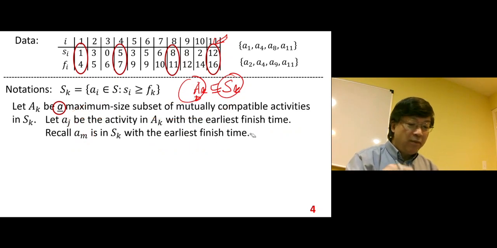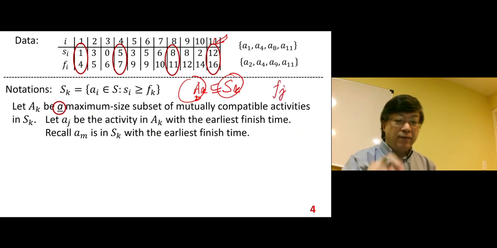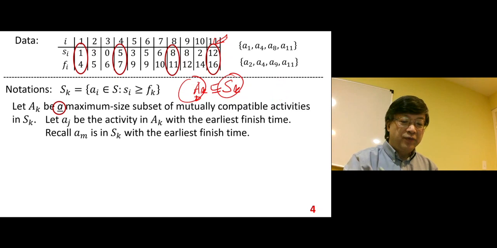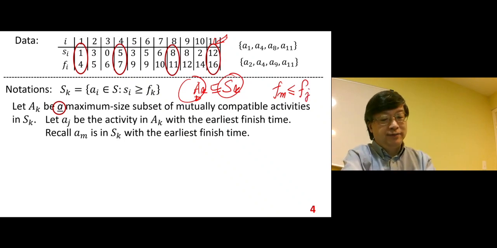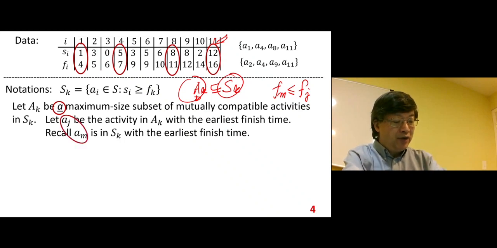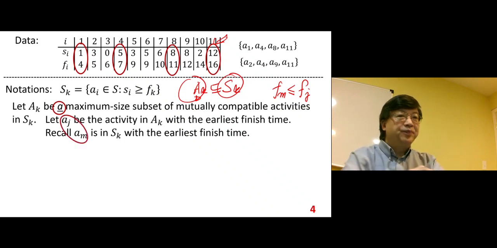We compare the finish time, FJ. Which one is smaller? The FM should be earlier than FJ. Right? We should have that based on the definition.